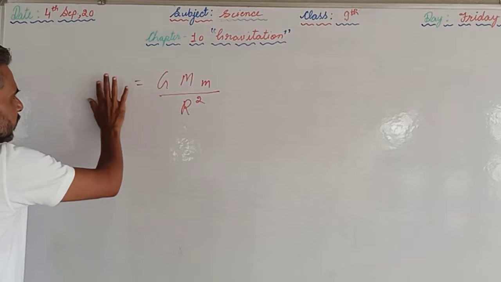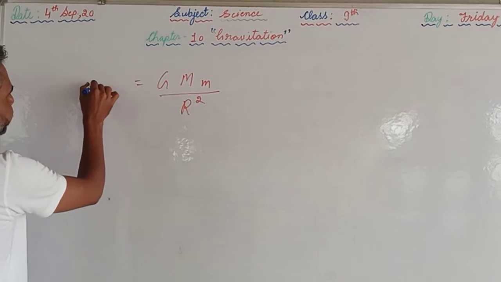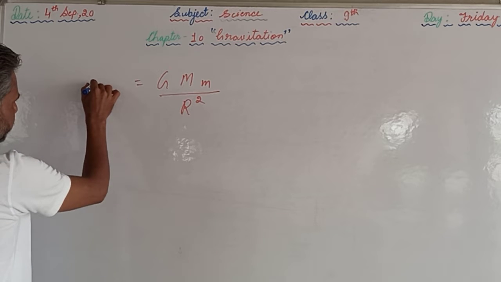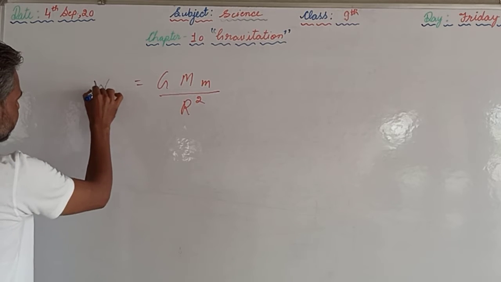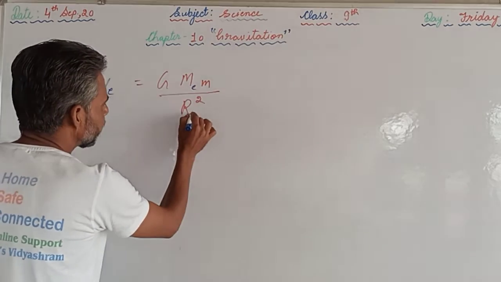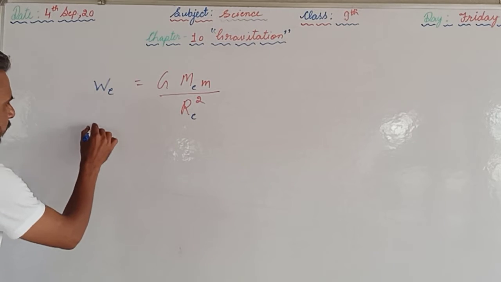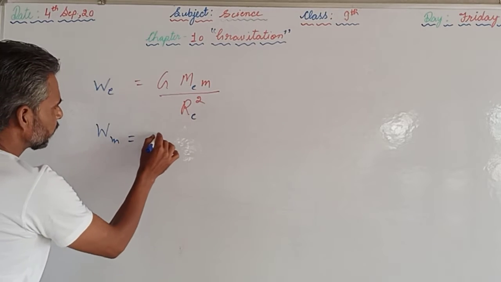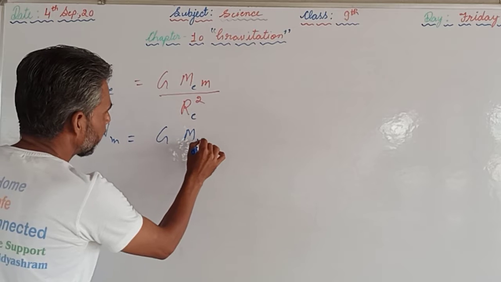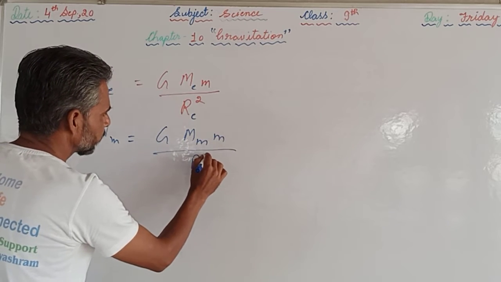So force is the weight. Weight at earth, if we are taking mass of the earth and radius of the earth, and weight at moon will be G M m and mass is the same, and r m square.